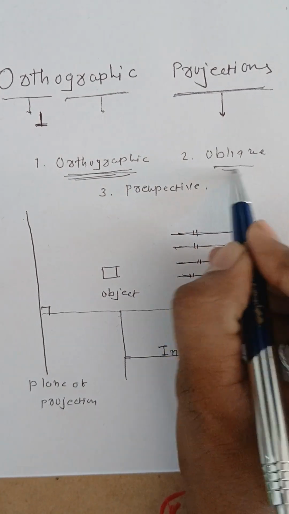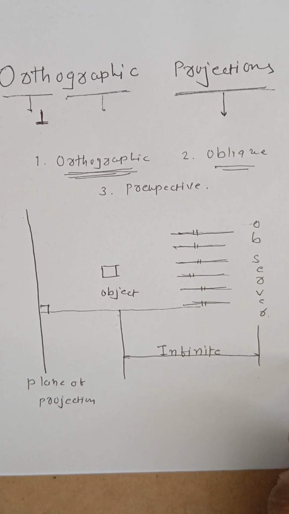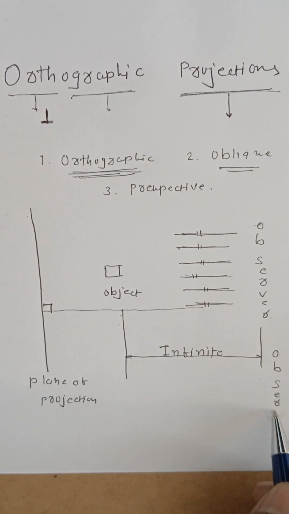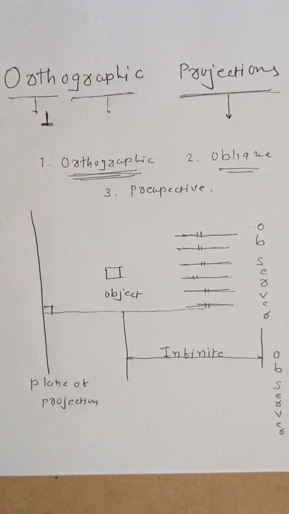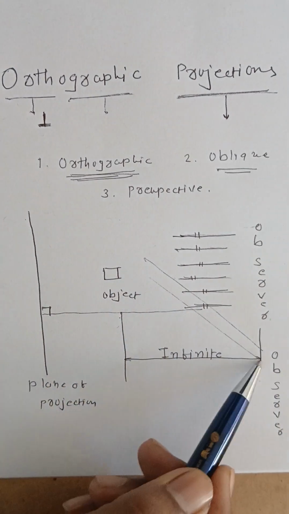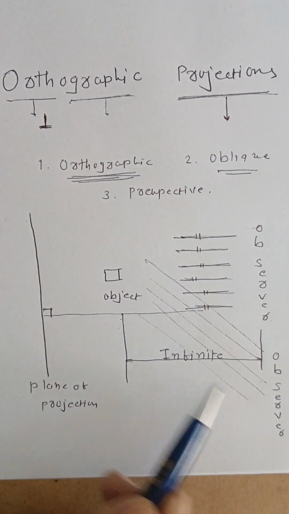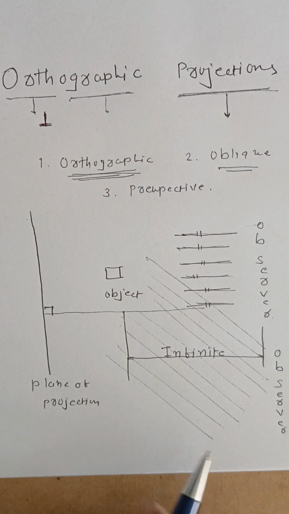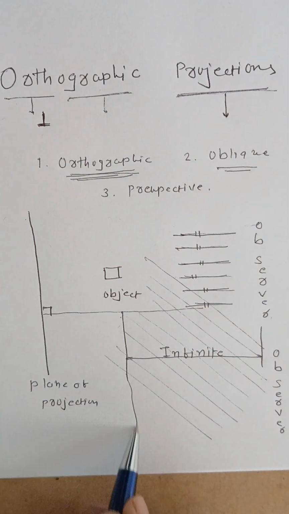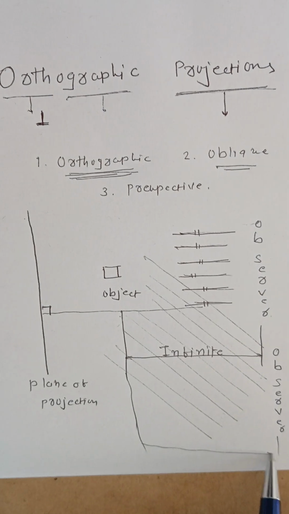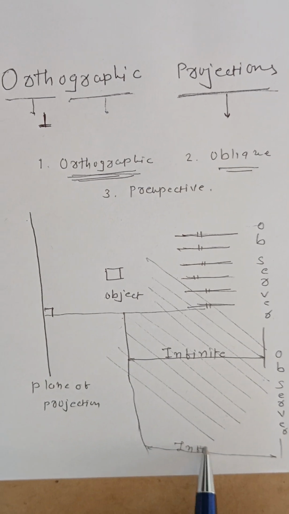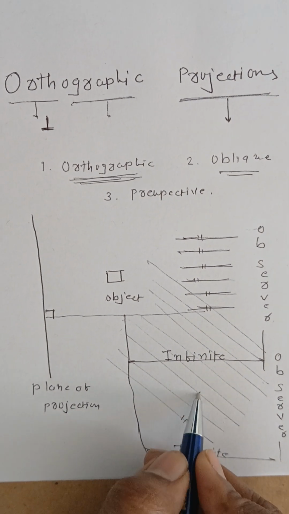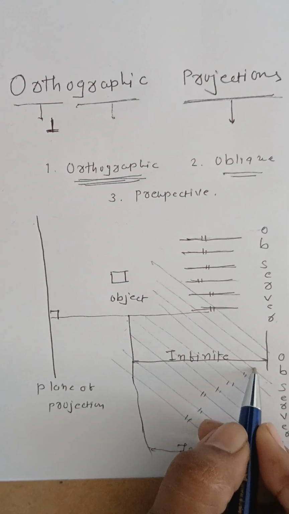Such projection is known as orthographic projection. Now what about oblique projection? In oblique projection, the observer will be over here, looking at the object in this particular direction. Now the three conditions we will see. Number one, the observer is at infinite distance from the object, that remains the same as in orthographic projection. The rays from the observer are parallel with each other, that also remains the same.